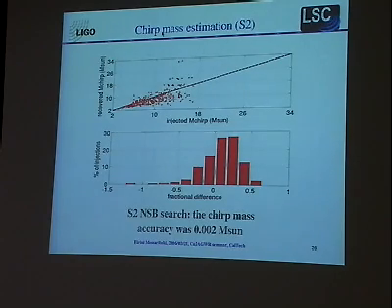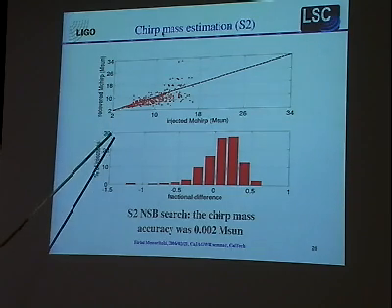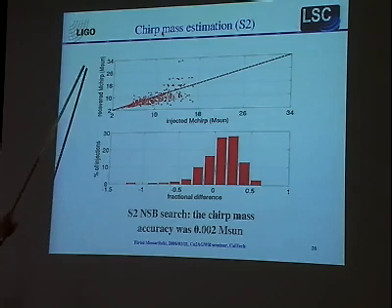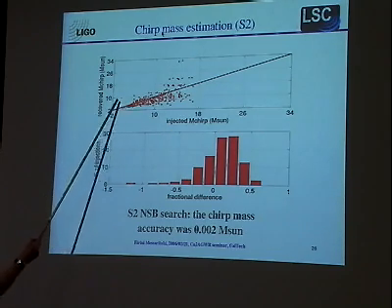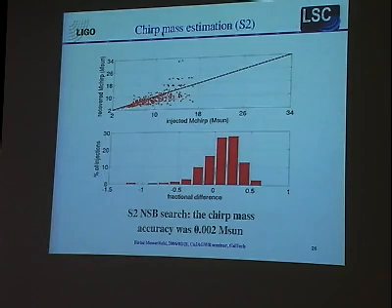Using the BCV templates, there's a relationship between the chirp mass and the parameter psi 0. So that's what we use here to estimate the chirp mass. On the upper graph, you can see the injected chirp mass and the recovered chirp mass in solar masses, and the black line is the equal mass diagonal.